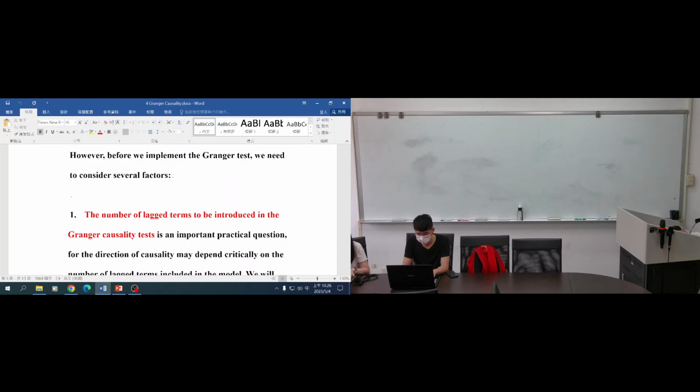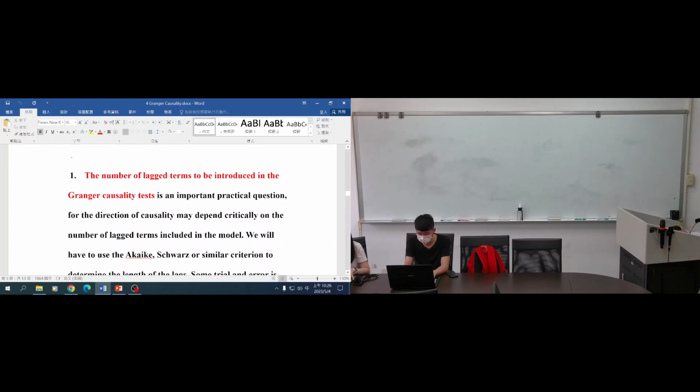There are some considerations we need to know before we do the Granger causality test. Remember, we have some lags, right? So if we do this Granger causality test, the number of lag terms is very important.